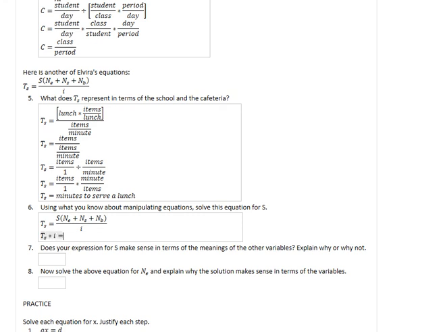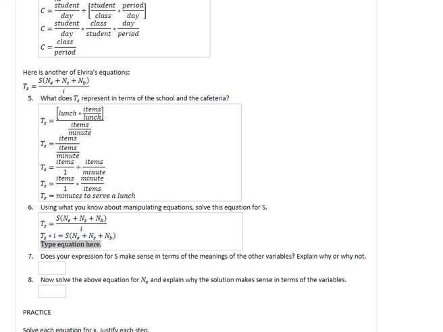T sub S times I equals S times N sub E. It would really be fantastic if I could spell today. I do seriously know how to type. Okay. And remember that everything in here is just a number of food items. So we can divide everything by that number and still have it make sense.